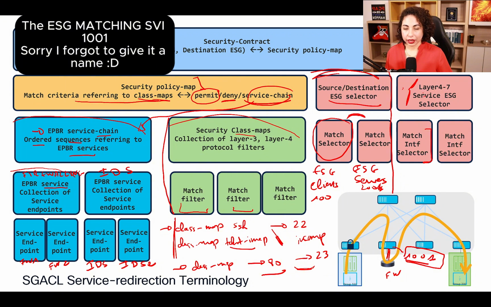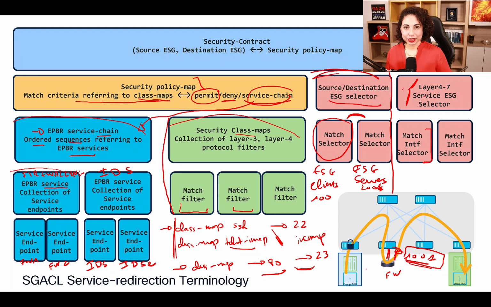We are not doing any learning from the control plane perspective for that ESG 1001 with the default configuration, and this is what we are going to use. What I mean is that we are not doing any kind of learning inside the control plane. When we receive traffic from the firewall through this interface, all that traffic will be positioned into the ESG 1001.